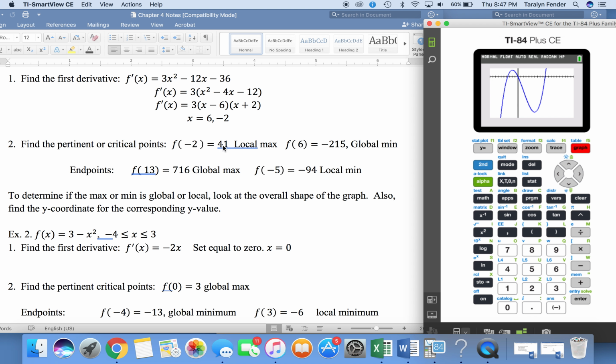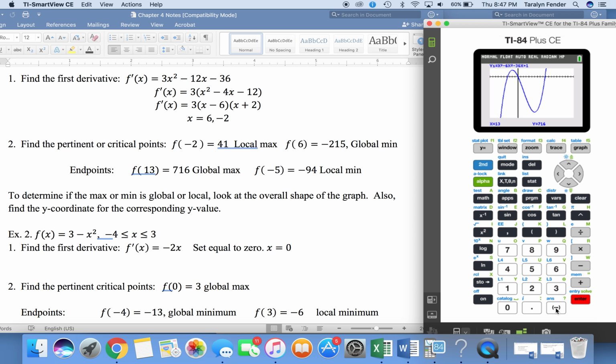So when I trace negative 2, I get 41. That's a max. And if I plug in a 6, I get a minimum of negative 215. Those are the critical points. For the endpoints, I plug in 13, and I get a very big number, 716.